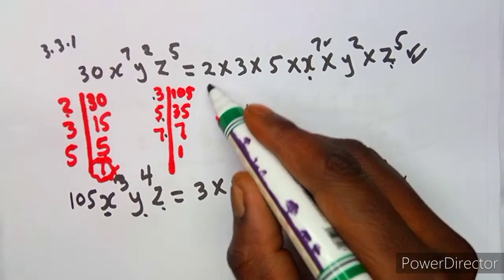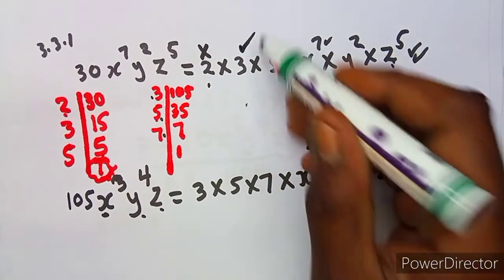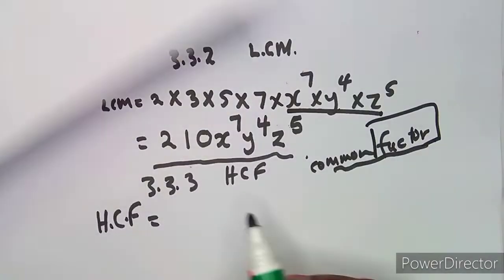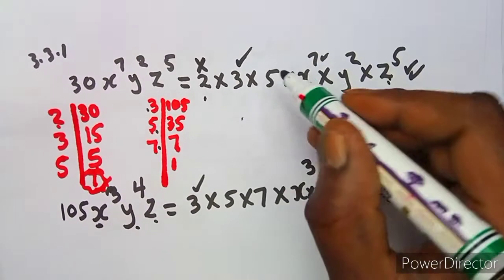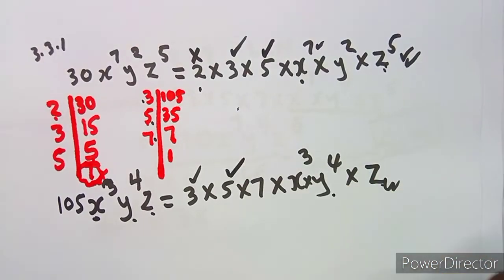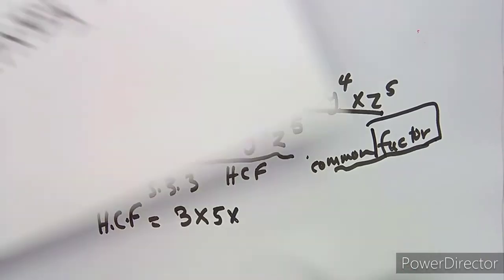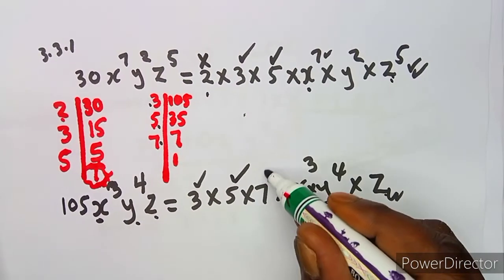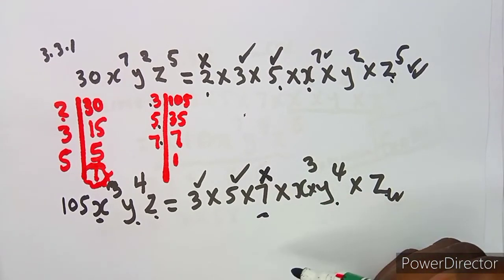As you can see, 2 is not there, so 2 is out. 3, we've got 3 here and 3 here, so we take this 3, times 5. We've got 5 here and 5 here, so you take this 5, times. 7 is not common because we do not have 7 here, so you're not going to take this 7.